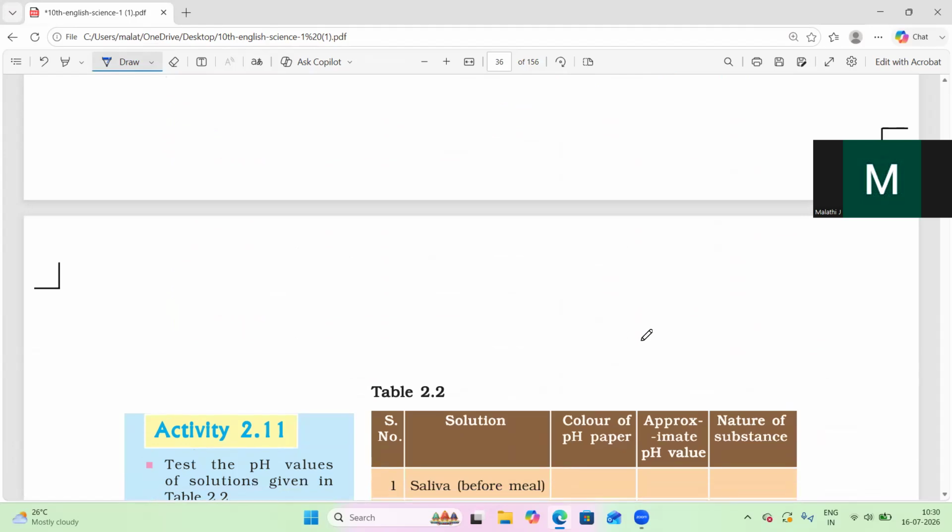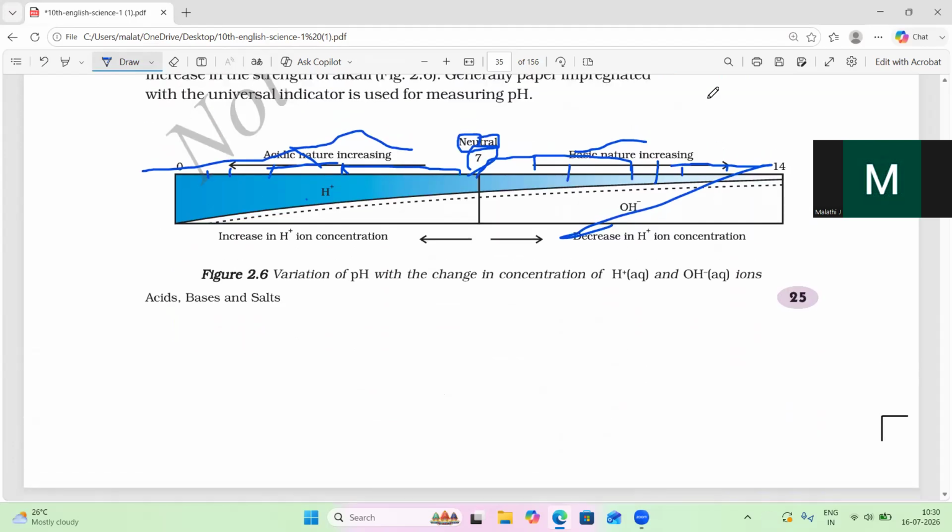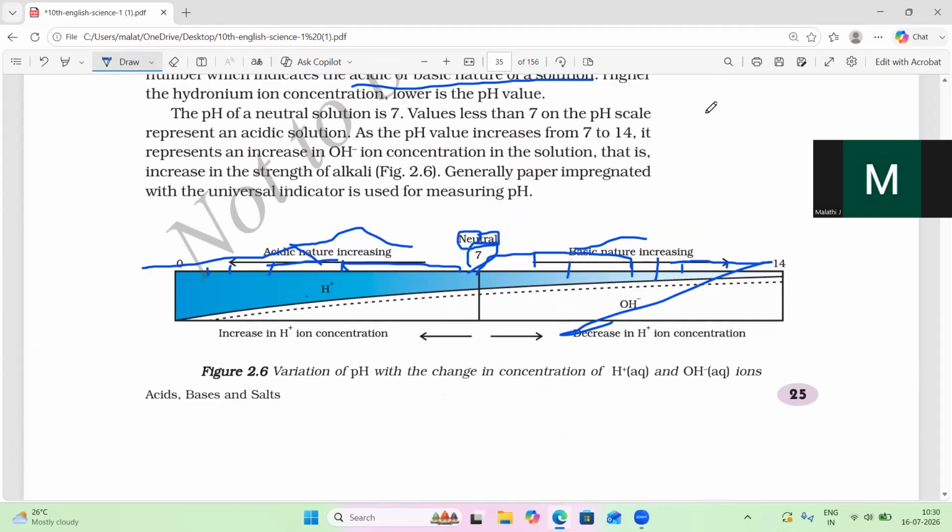You should know that if pH is equal to 7, that is called a neutral solution.